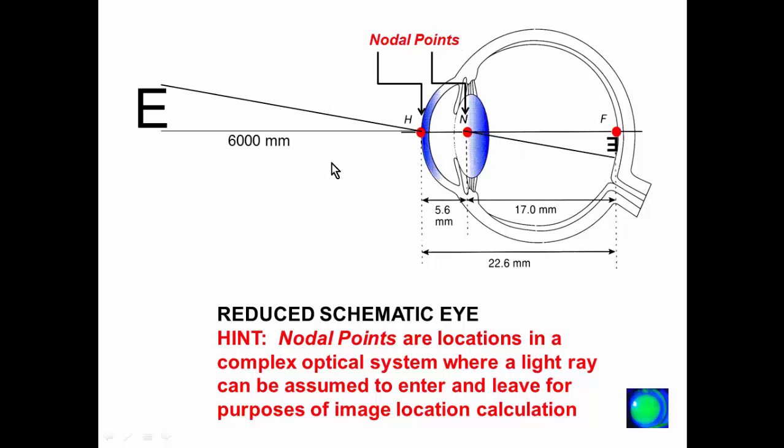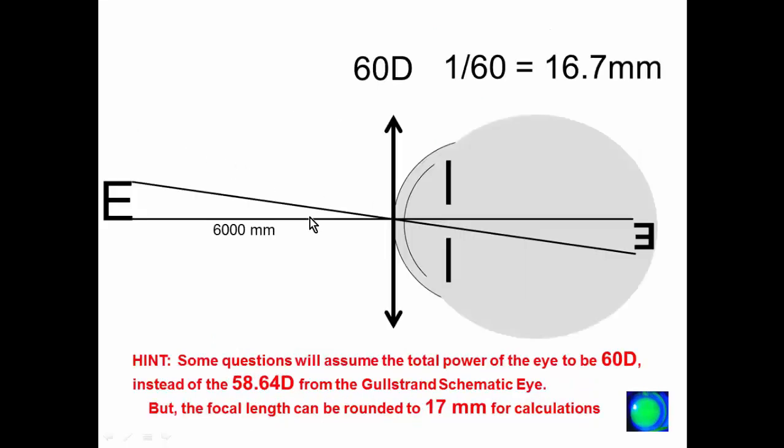And for this Gullstrand reduced schematic eye, the posterior nodal point where the image leaves is taken to be 17 millimeters from the retina. So you can use this 17 millimeters for calculating image size of some object out in space.